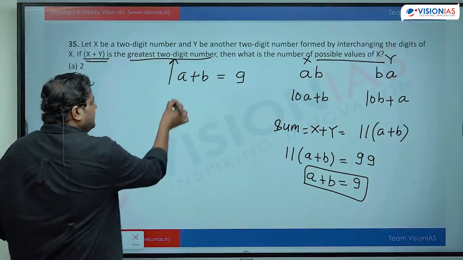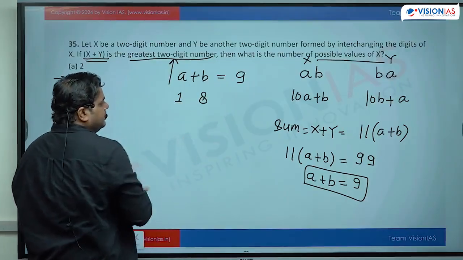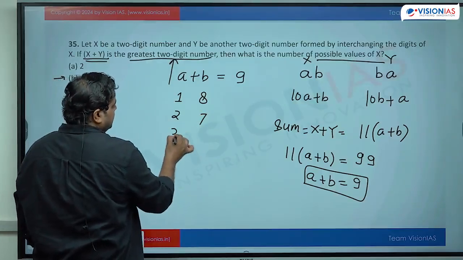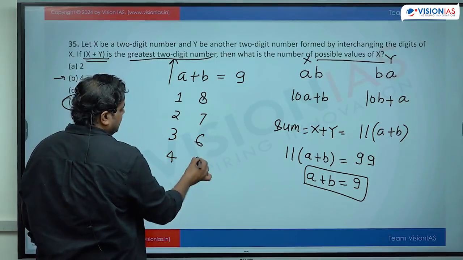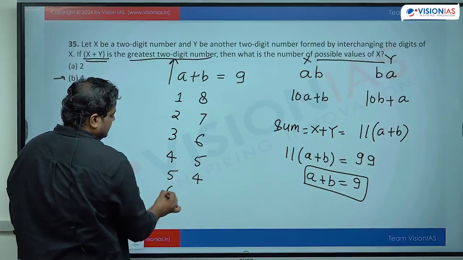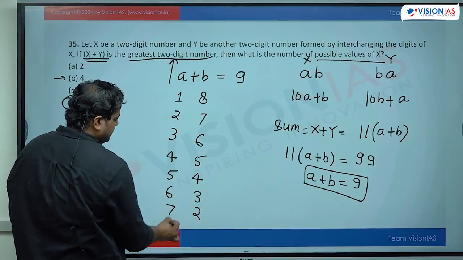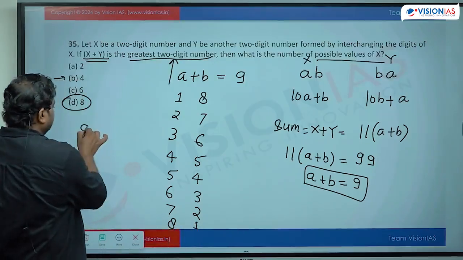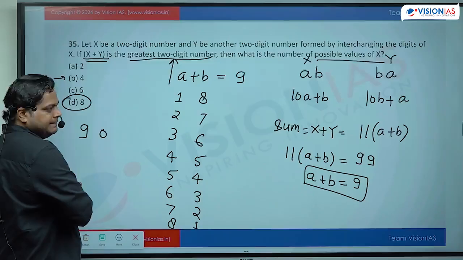If x, A I take 1, B 8; 2, 7; 3, 6; 4, 5; 5, 4; 6, 3; 7, 2; 8, 1. After then if I take 9, then B's value will be 0.